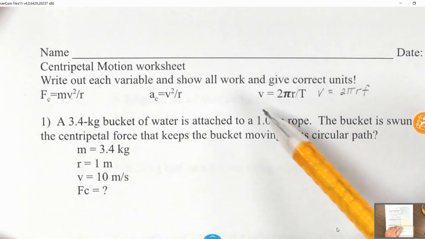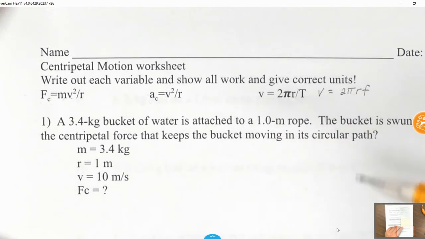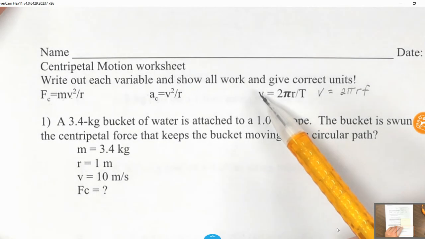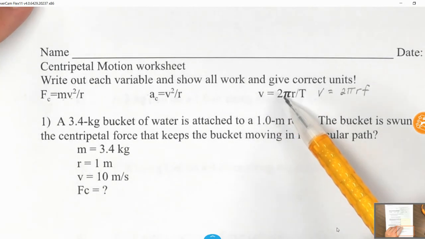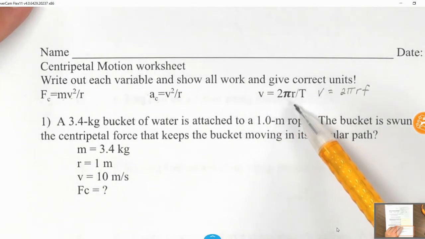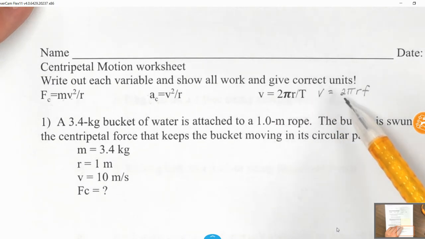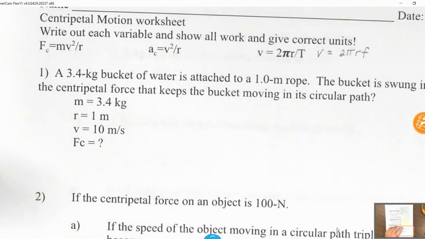They ask you for tangential speed, linear speed, tangential velocity, linear velocity. They're asking for v. In which case the equation is 2 pi r over t, or velocity is equal to 2 pi r times f, depending upon what is given.